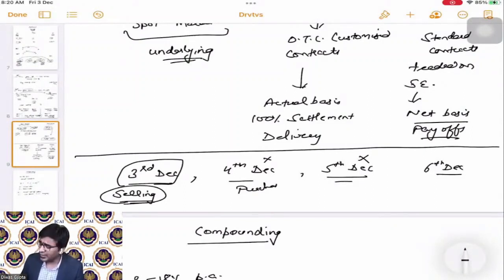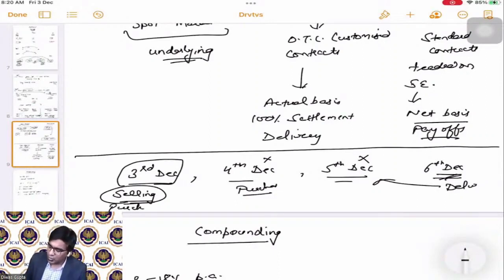You're getting my point? So if we are purchasing on 4th, then on 6th December we will get the delivery. And how can we deliver on 5th? We can't, right? Hence we have to purchase also on 3rd.